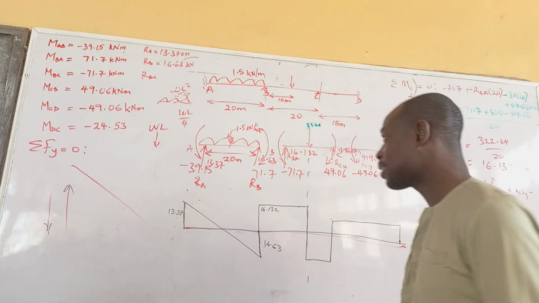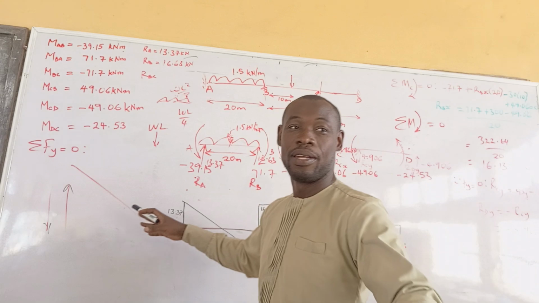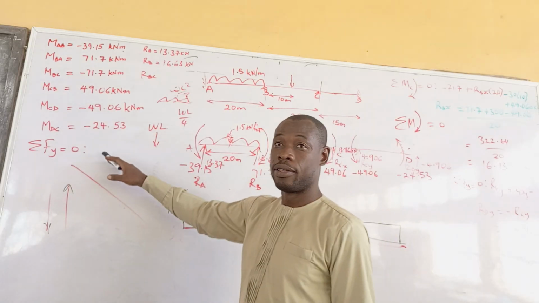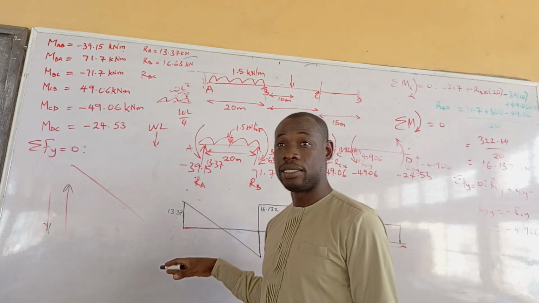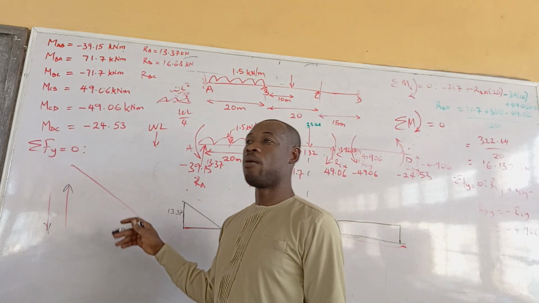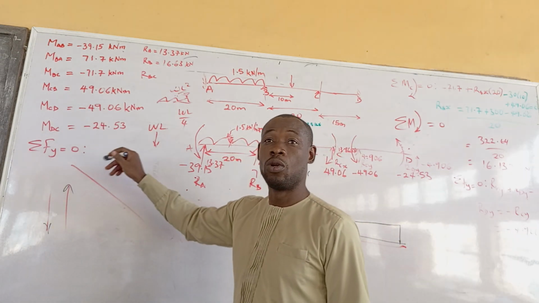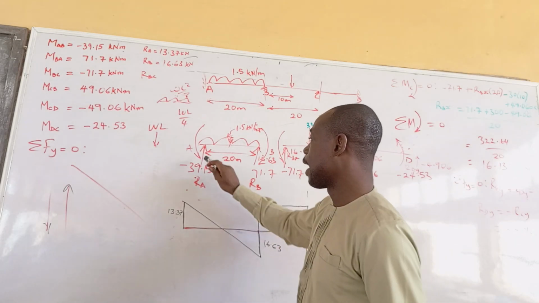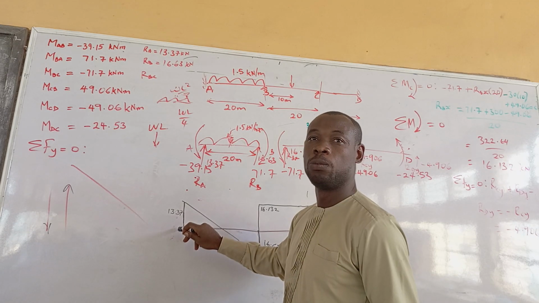Okay. You already know the principle. As I told you the other time, when we have a UDL, we have it slanting diagonally. While we have maybe a point load or a downward arrow, it just comes in this way. Now, for this particular case, at this point, we have 30.37, which will move upward.